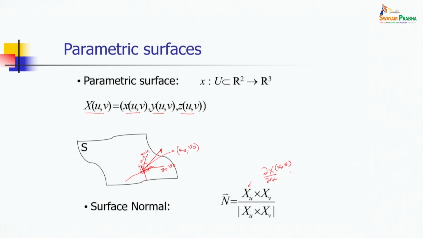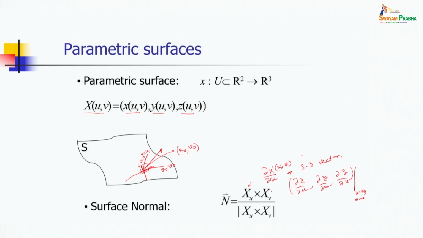It's a three-dimensional vector, as you know, it gives a three-dimensional direction because it can be considered as delta x by delta u, delta y by delta u, delta z by delta u at u equal to u naught and v equal to v naught. So this is the partial derivative with respect to u.